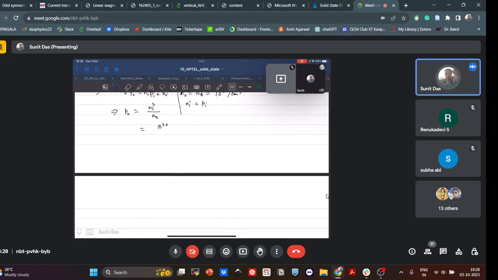Ni was 10 to the power 10, so Ni square is 10 to the power 20, divided by 10 to the power 16.